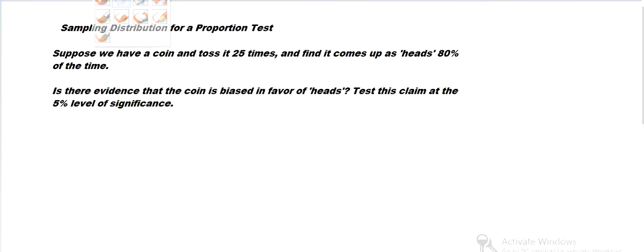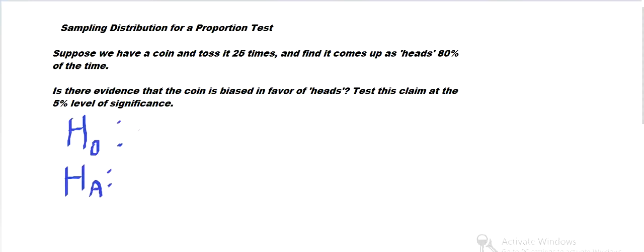So we're doing a hypothesis test. We can always start out with writing out our null hypothesis and our alternative hypothesis. Let's look at this last sentence. The claim is: is there evidence the coin is biased in favor of heads? The null would be it's not biased, so it's a fair coin.